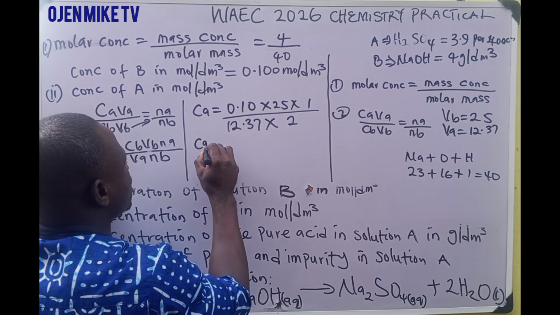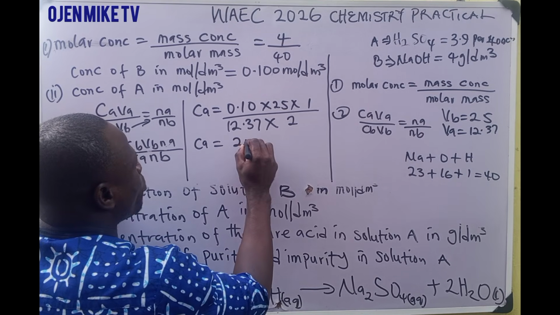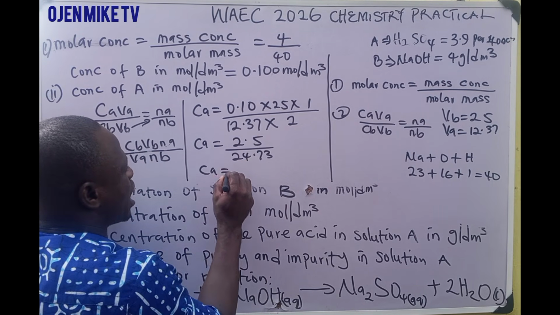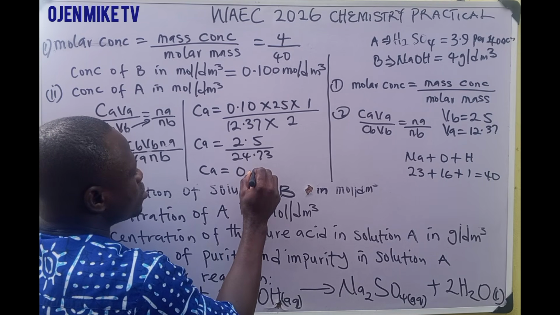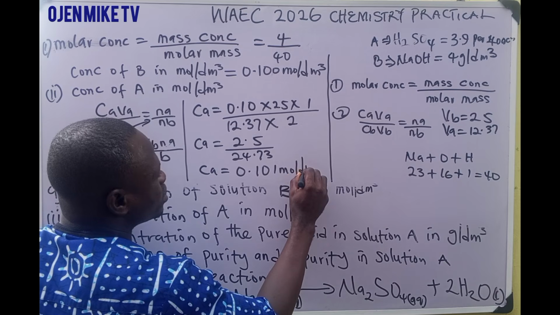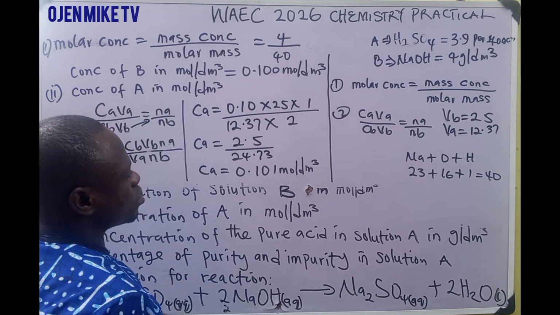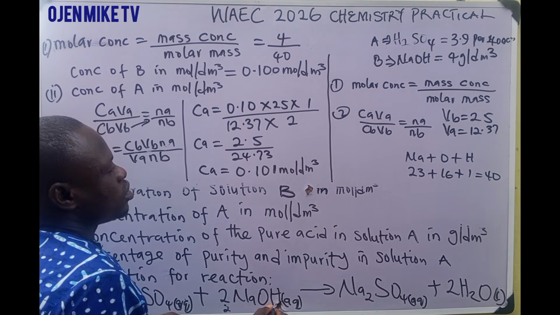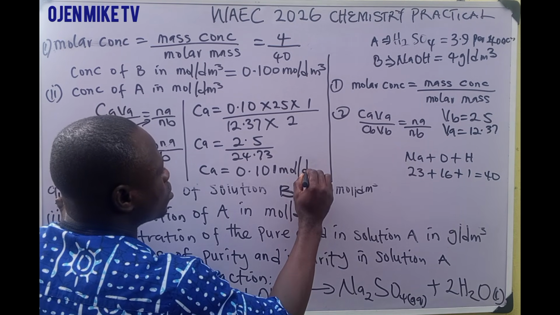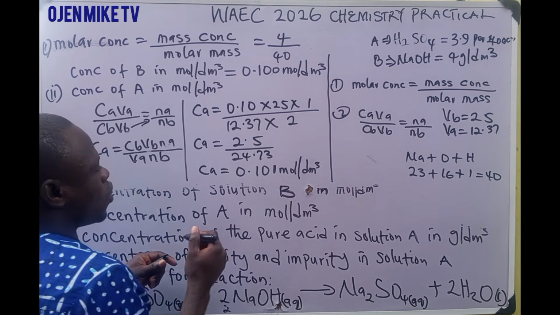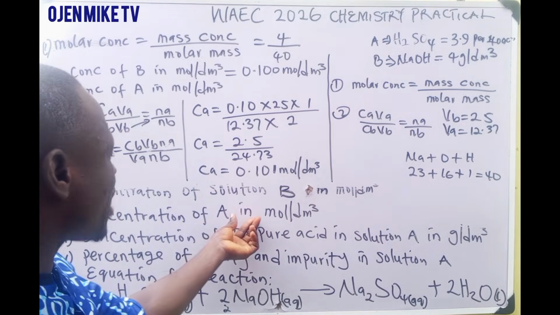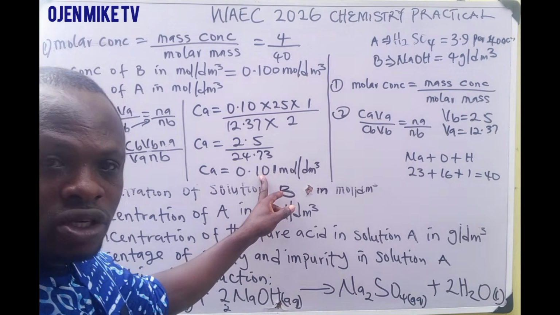So at the end, CA is 2.5 divided by 24, and CA will be 0.101 moles per dm cubed. So our CA, the concentration of acid for the second question, is this one. Is that understood?